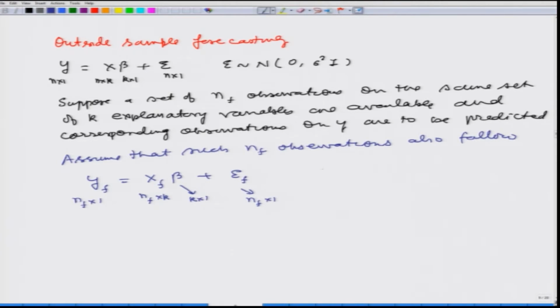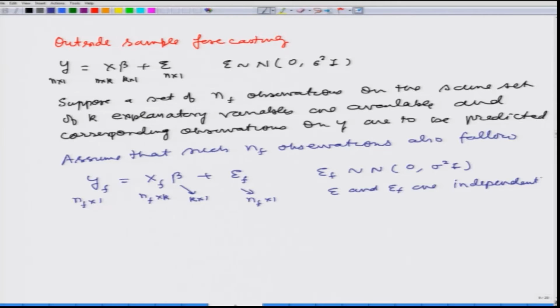And we can assume that epsilon f also has similar properties as in the earlier case. It follows a multivariate normal distribution with mean vector 0 and covariance matrix sigma square I, and further we also assume that the elements in epsilon and epsilon f are mutually independent.